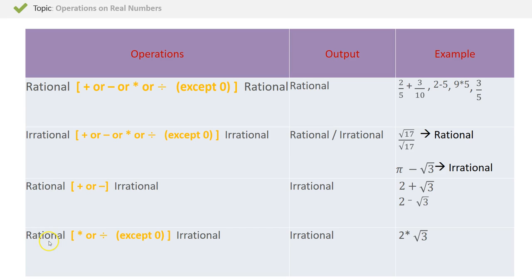When you take a rational number and an irrational number and multiply or divide them, you again get an irrational number. An example is 2 multiplied by square root of 3, which will return an irrational number. So whenever you use an irrational number with a rational number and you add, subtract, multiply, or divide, your output is always going to be an irrational number.